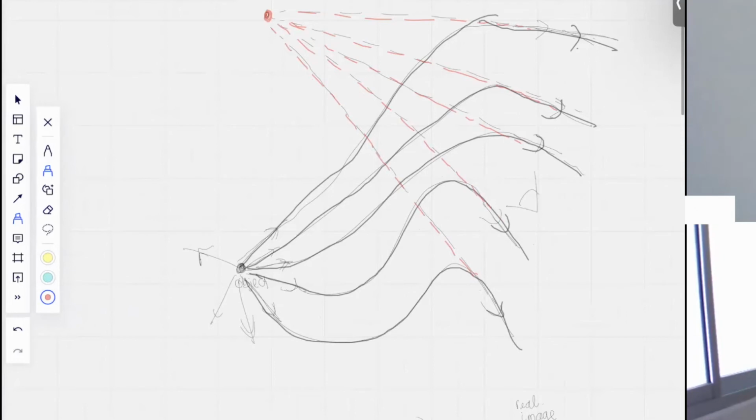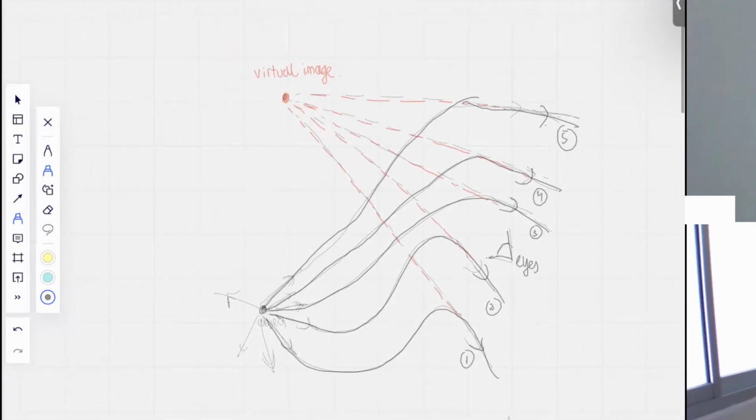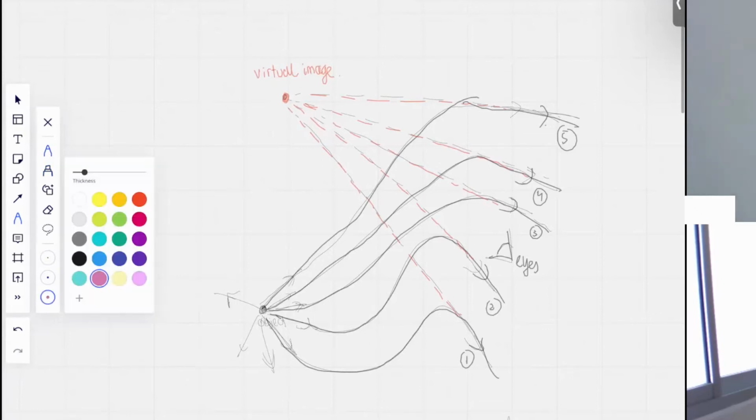We number the light. This is light number 1, 2, 3. This is the eyes, yeah. 3, 4, 5. The light 1, 2, 3, 4, 5 is as if it is coming from point A prime here. Yeah. Wait.